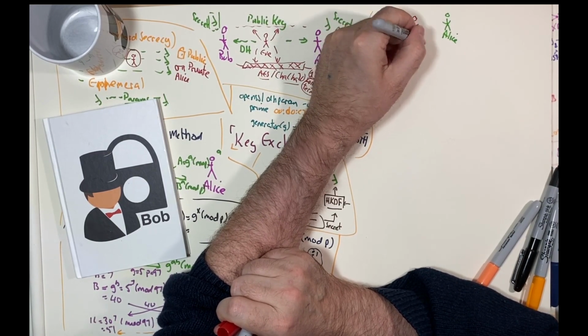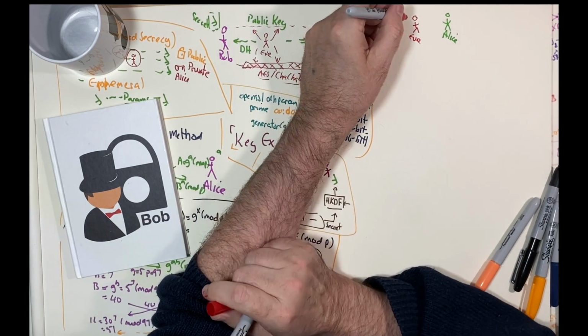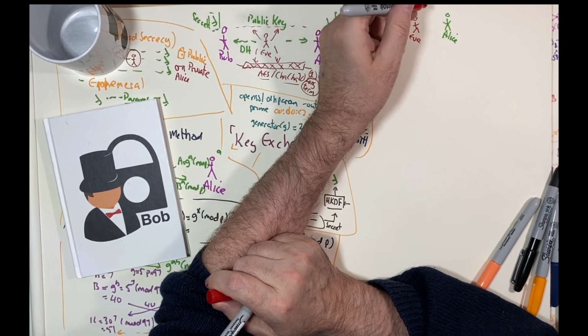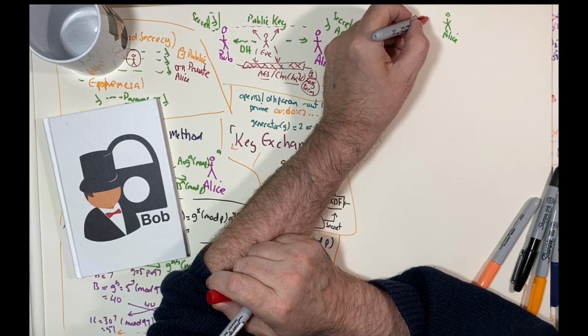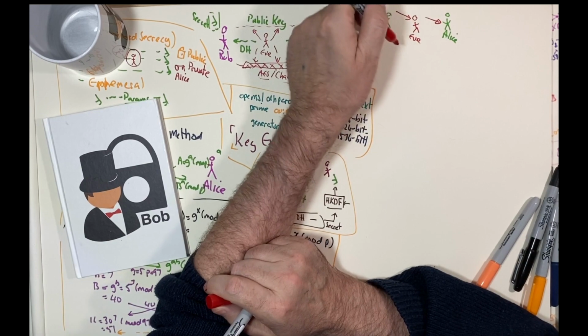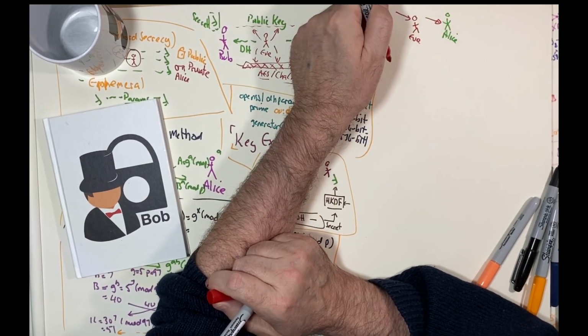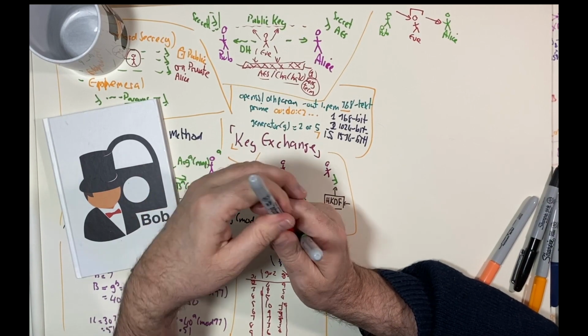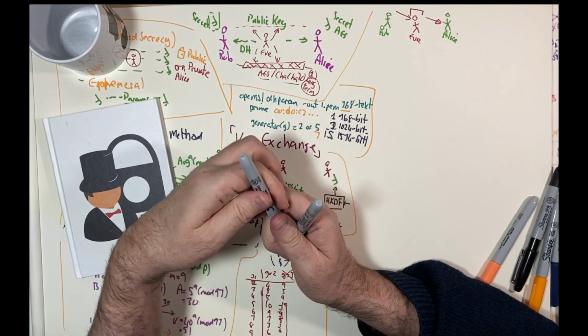She sets up a proxy or something like that. Now what happens is that Bob communicates with Eve and Eve communicates with Alice. Bob thinks he's communicating with Alice directly, but he's actually going through Eve.